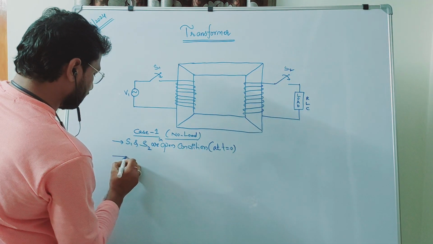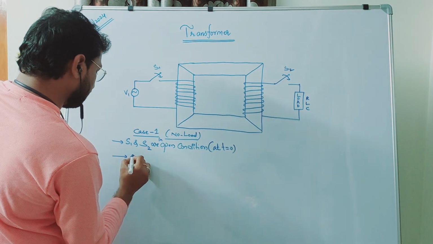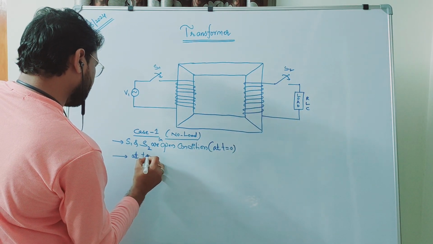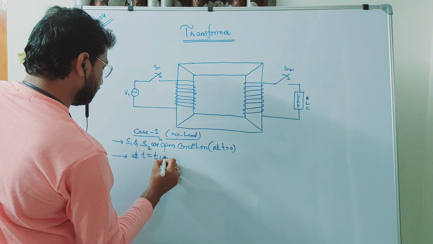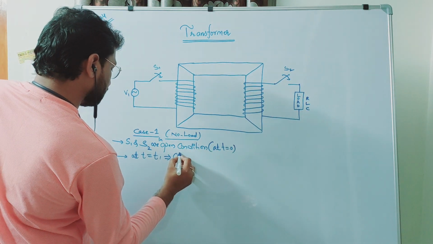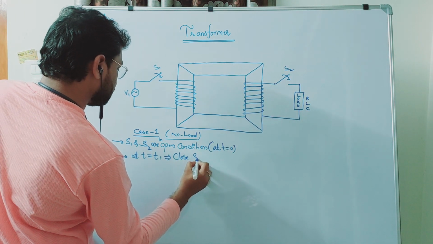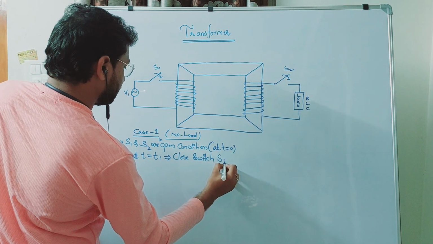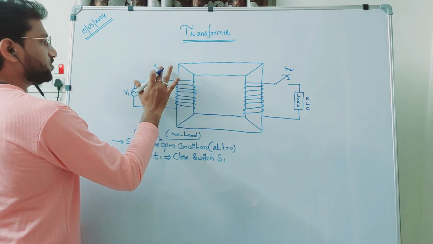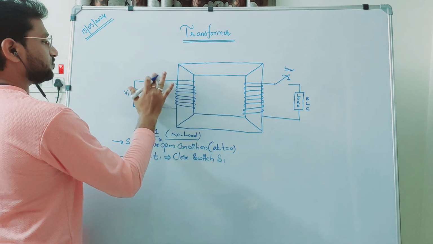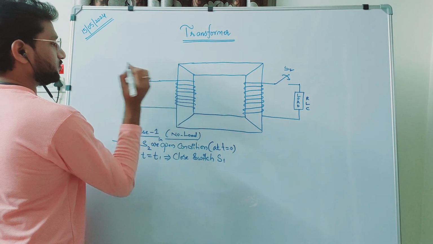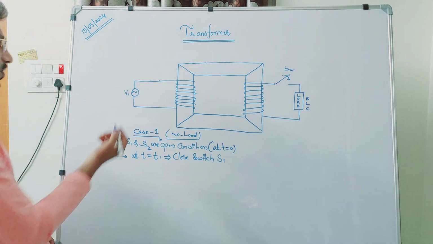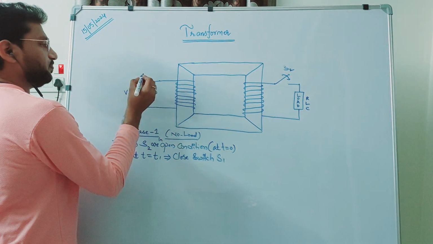Then after some time, at t is equal to t1, we close switch S1. So now this is closed. What will change?